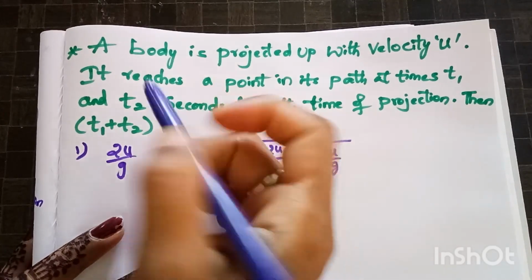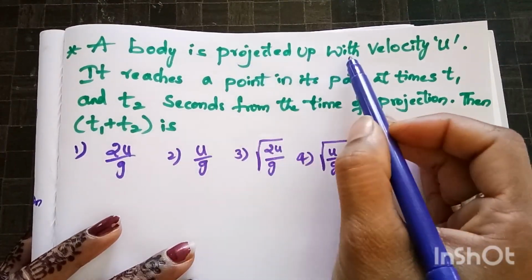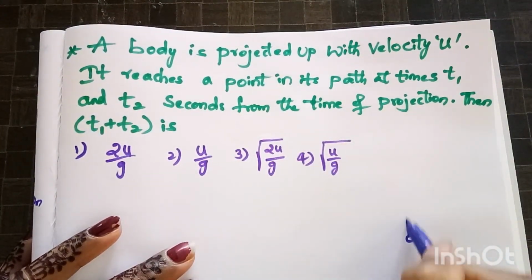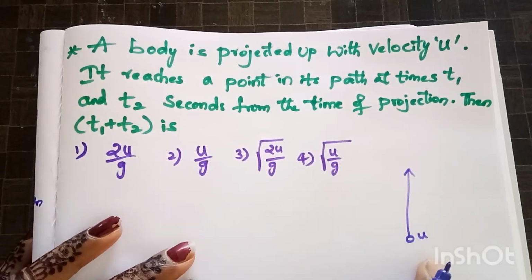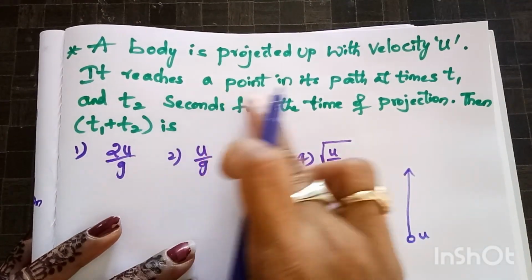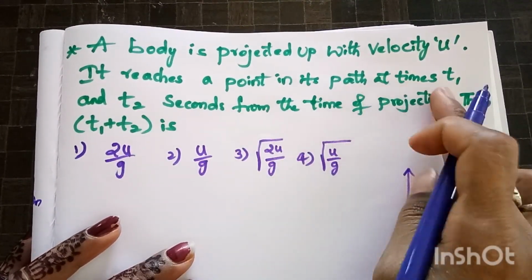So what they have given is that a body is projected up with velocity u. It reaches a point in its path at time t1.